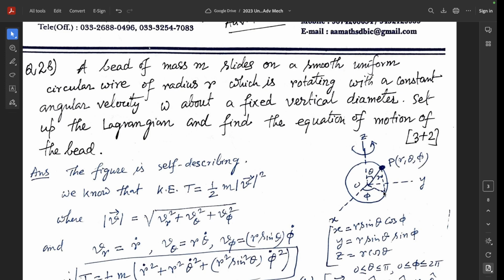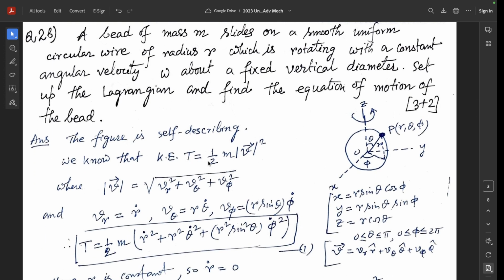The projection of P on the xy plane is this, this is the origin, and OP is the radius vector r. Now the bead slides on the smooth uniform circular wire of radius r, and this circular wire is rotating with angular velocity omega. Set up the Lagrangian and find the equation of motion.